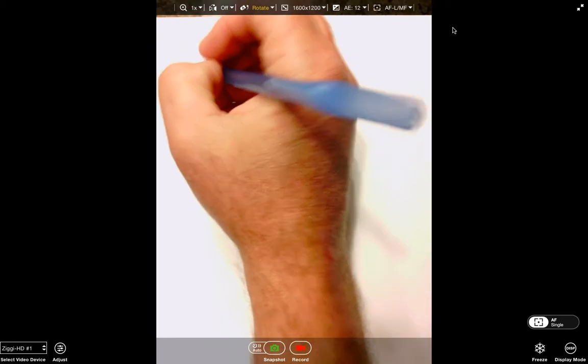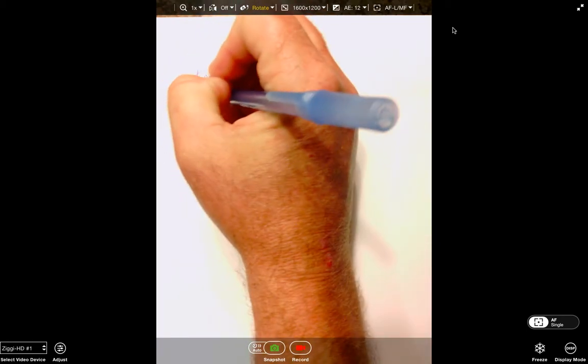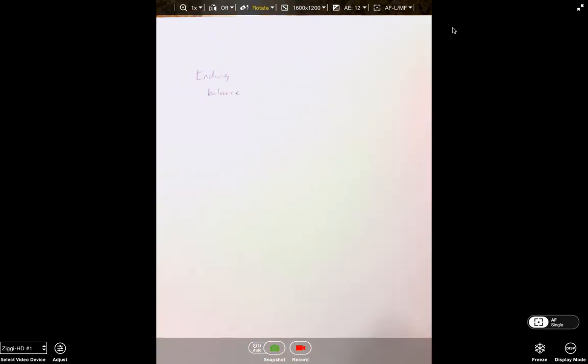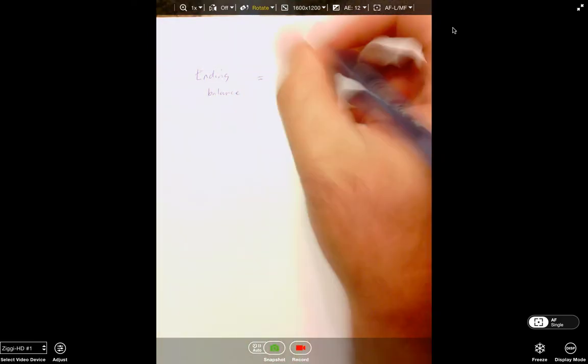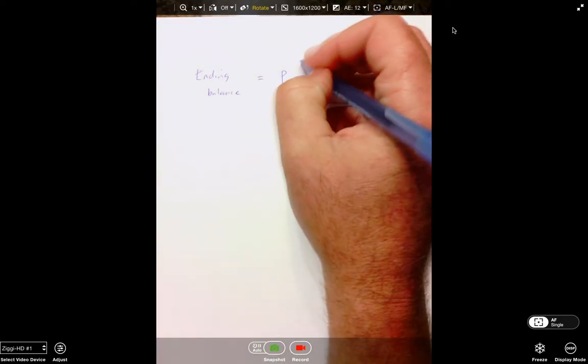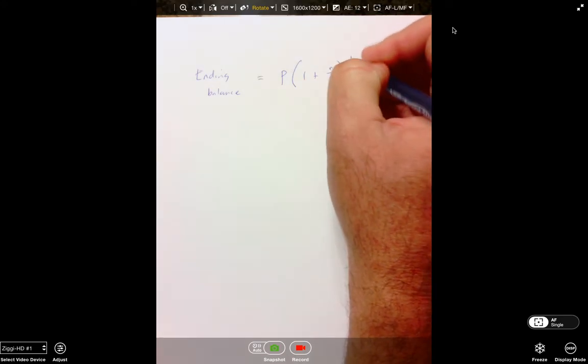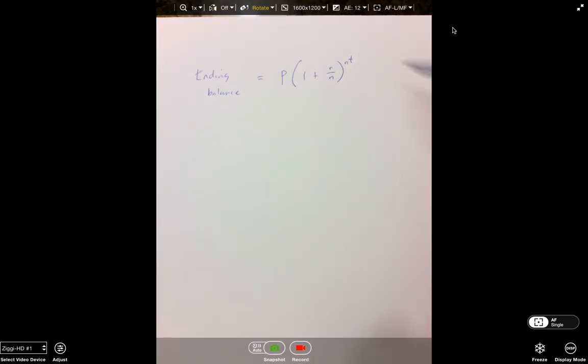Once we get into the mathematics of finance for this class, which is actually the fun part, we're going to see that our ending balance of an investment can be found by taking the principal, which is the original investment, times 1 plus r over n raised to the nt power. Now, r turns out to be our rate, 6%, 5%, 2%, whatever it may be.